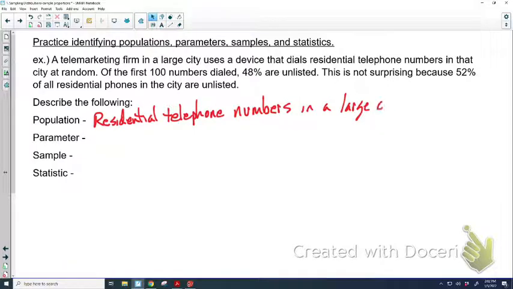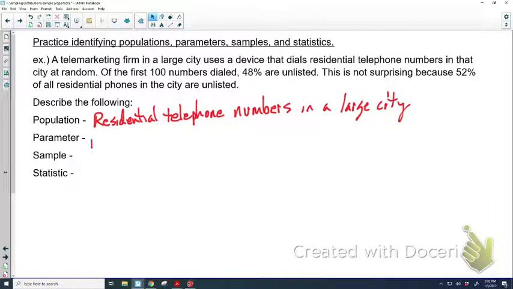Oops. Some people make the mistake of talking about unlisted numbers or 48 or 52%. This population is just the group that I'm sampling from. And I'm sampling these numbers in a large city. I haven't measured anything yet. That's just my group. The parameter is the measurement I'm interested in.